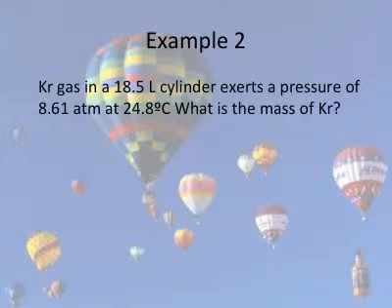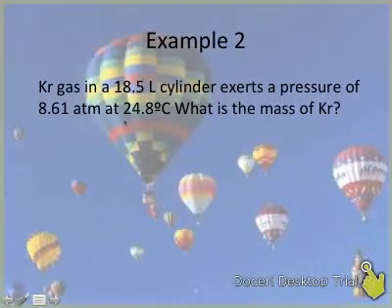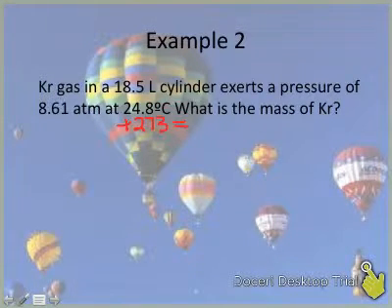So before I even start, I'm going to add 273 to this, and I get 297.8. Sorry, sometimes when I do math in my head, it's not a good idea.